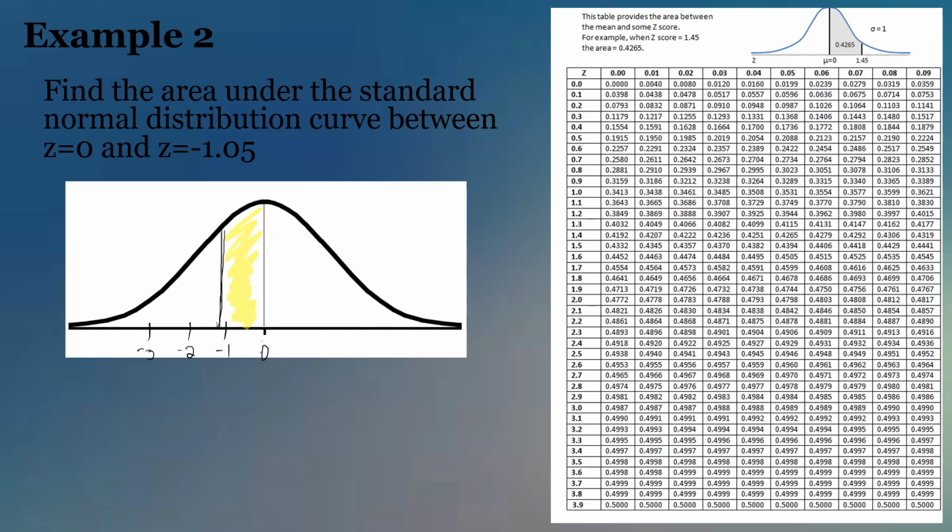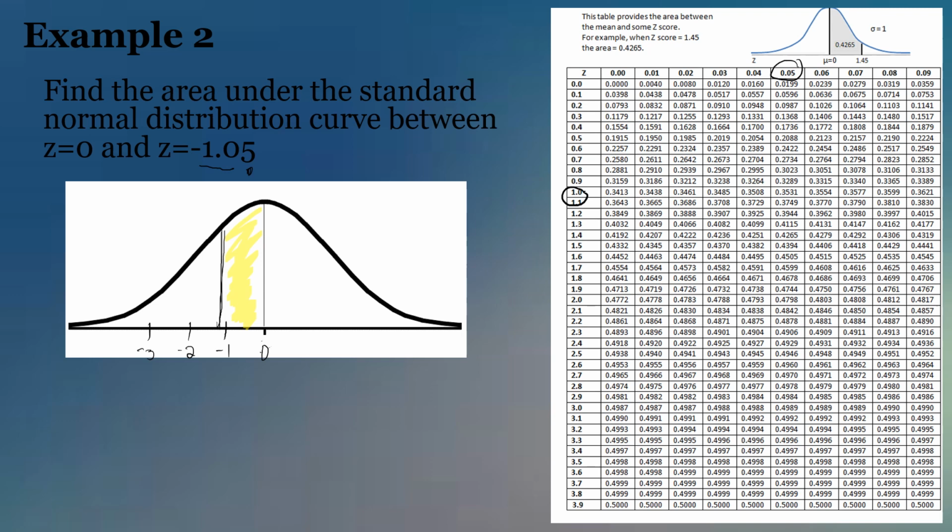Okay, so para ma-identify natin yung area niyan, kunin natin yung first two digit ng ating z-value. So, that is negative 1.0. So, kahit negative siya, pwede pa rin natin gamitin yung ating table. Okay, so si 1.0, ito yan. Then, yung third digit natin is 5. So, hanapin natin sa column si 5 or si 0.05.